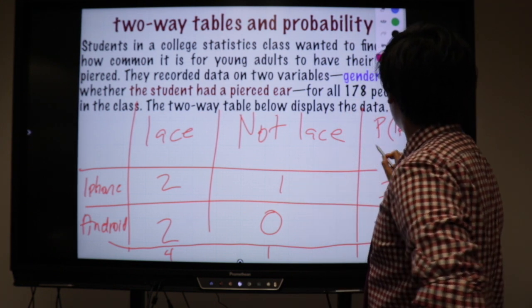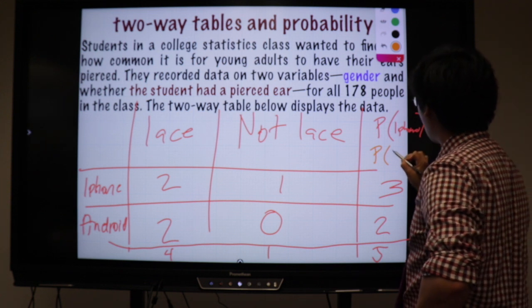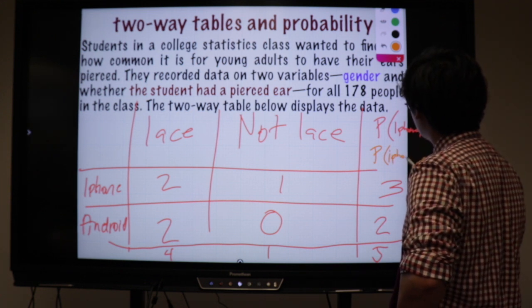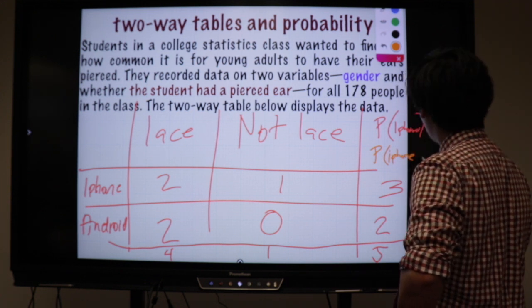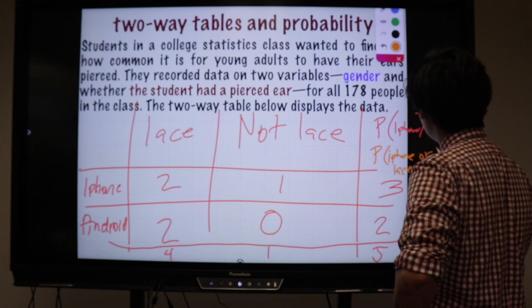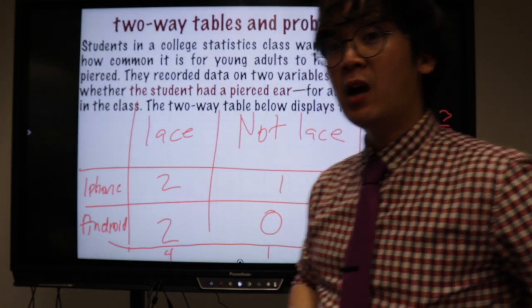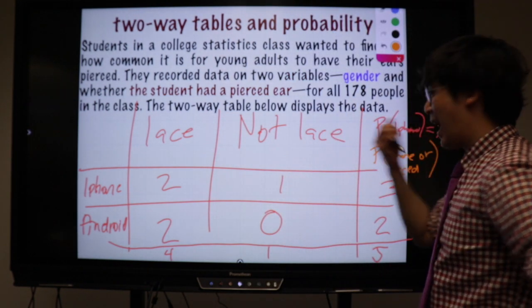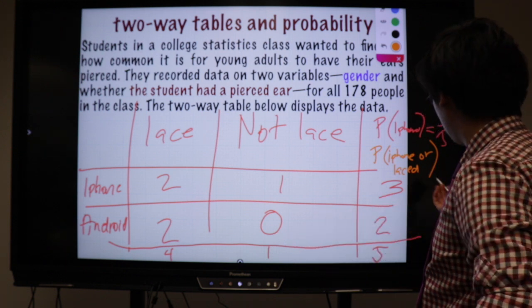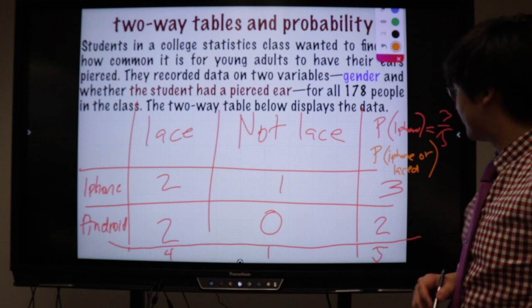What about the probability of a student with an iPhone or laced shoes? How are we going to compute for a student who happens to have an iPhone or shoes with shoelaces?